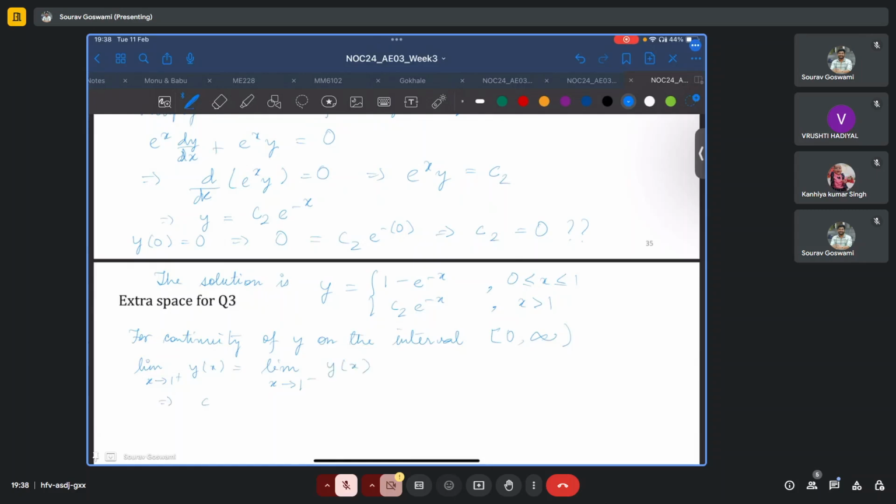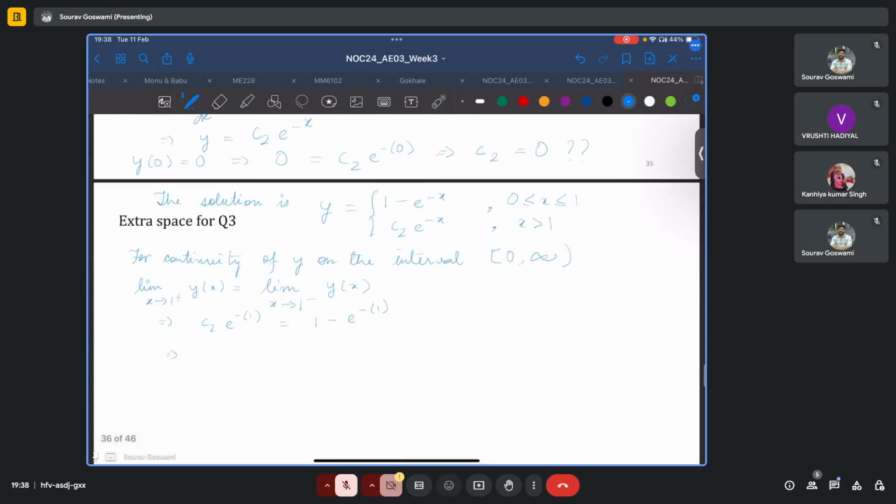And so at 1, c2 e power minus 1 should equal 1 minus e power minus 1, which implies that e power minus 1 times (1 plus c2) is equal to 1, or that 1 plus c2 equals 1 by e power minus 1, which is simply e, or c2 equals e minus 1.